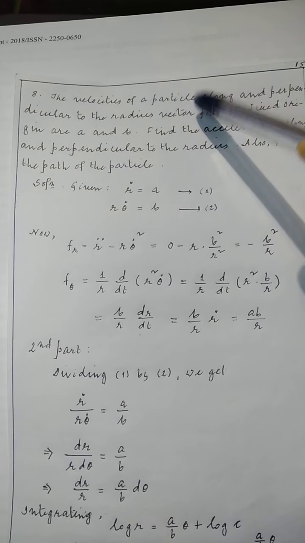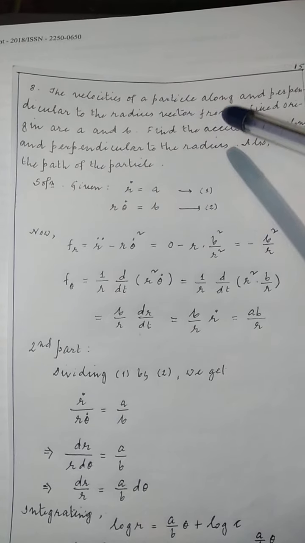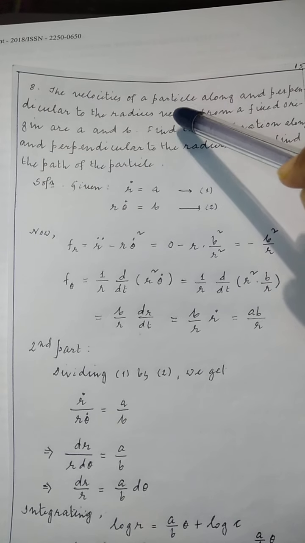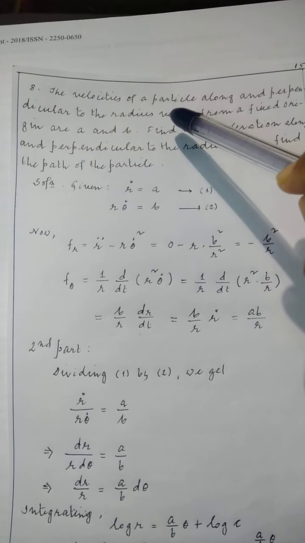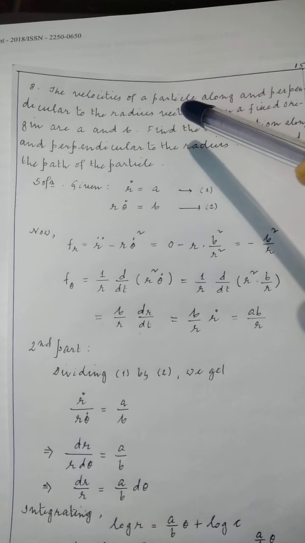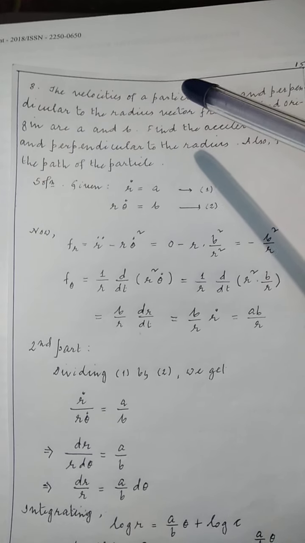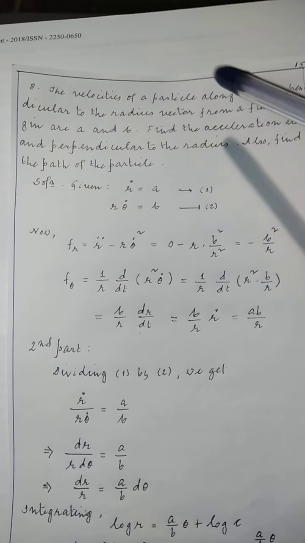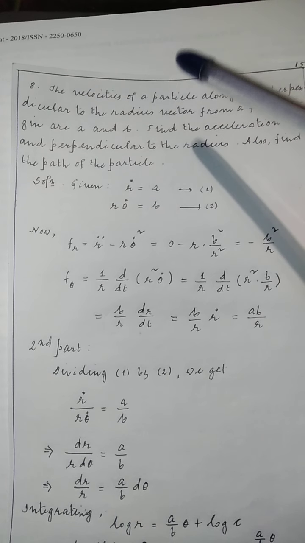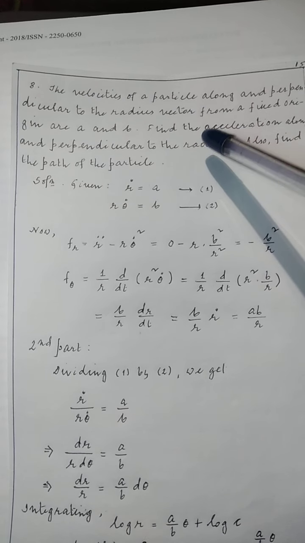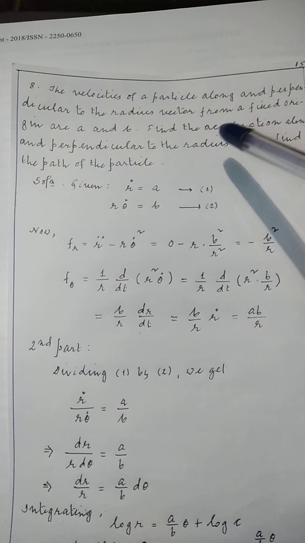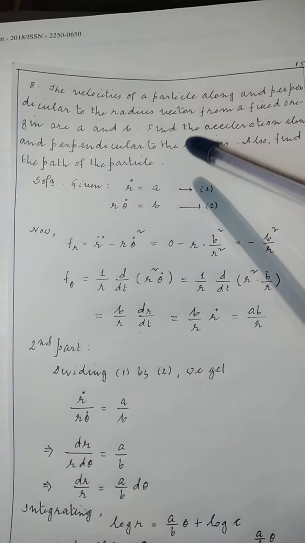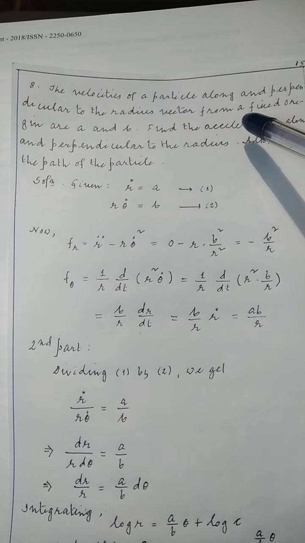So velocity along and perpendicular to the radius vector means it is the components of velocity along the radial and transverse direction. With the help of this we have to find out the components of radial acceleration and transverse acceleration.